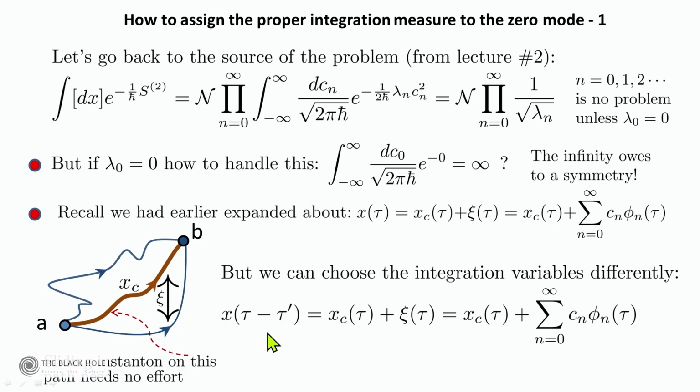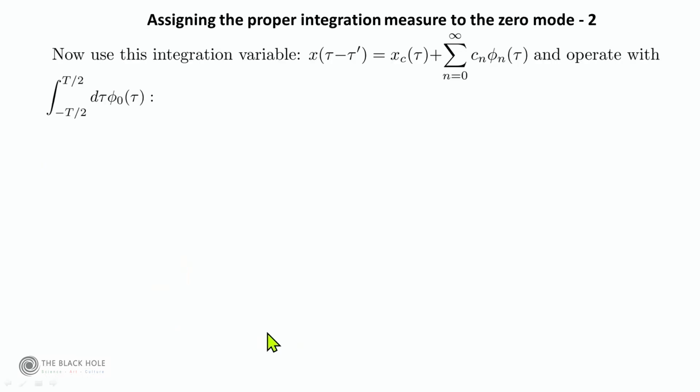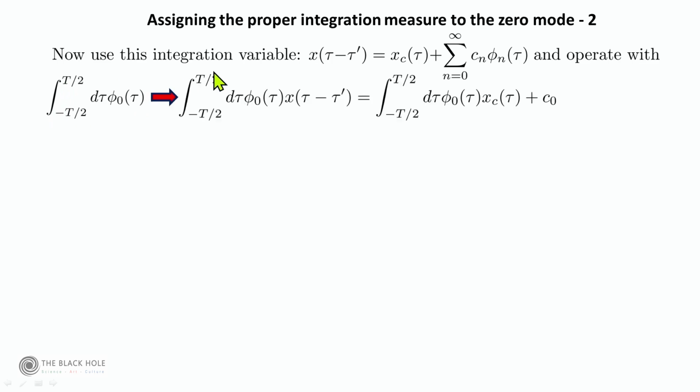Okay, so that means we have this relationship with which we can now manipulate. What I'm going to do is multiply this side and this side by the zero mode, phi 0 of tau, and integrate all the way from minus T over 2 to plus T over 2. That's exactly what I've done over here.